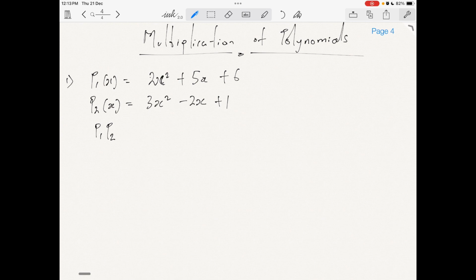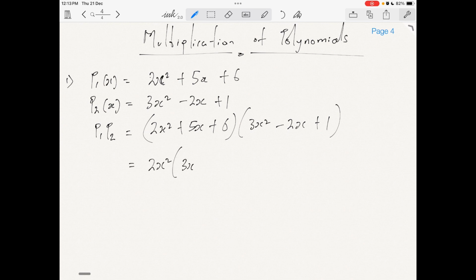So we have 2x squared plus 5x plus 6, into 3x squared minus 2x plus 1. When we open the bracket we have 2x squared into 3x squared minus 2x plus 1, plus 5x into 3x squared minus 2x plus 1, plus 6 into 3x squared minus 2x plus 1.